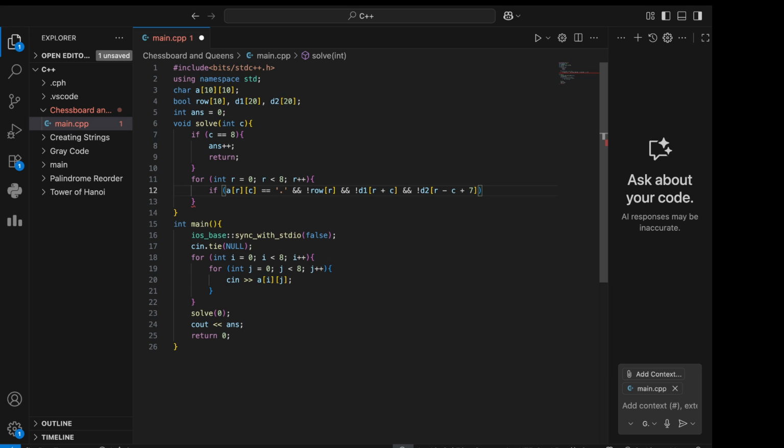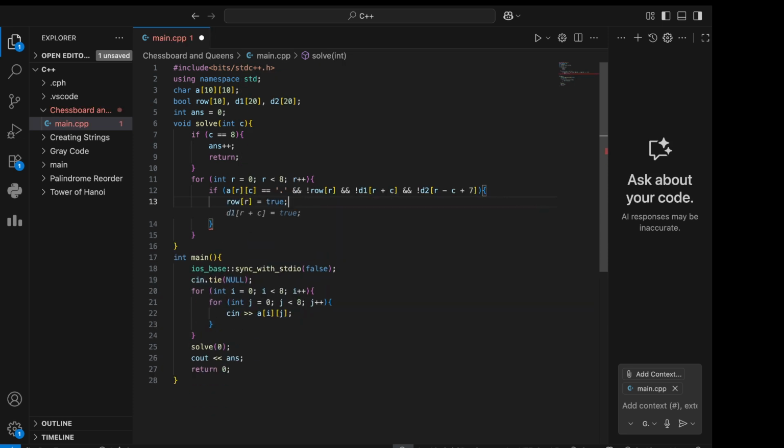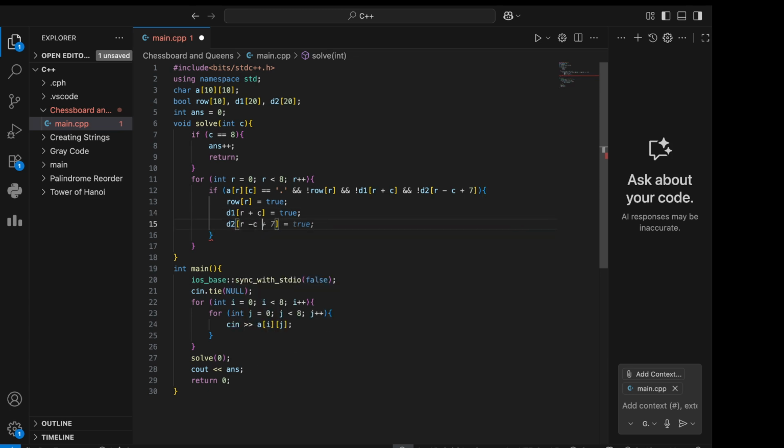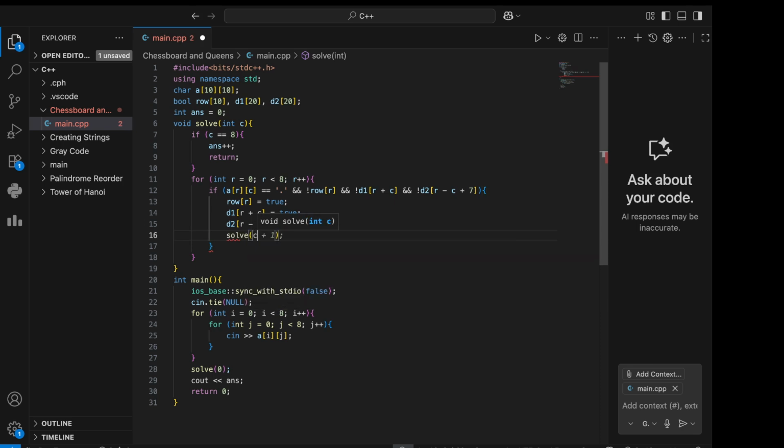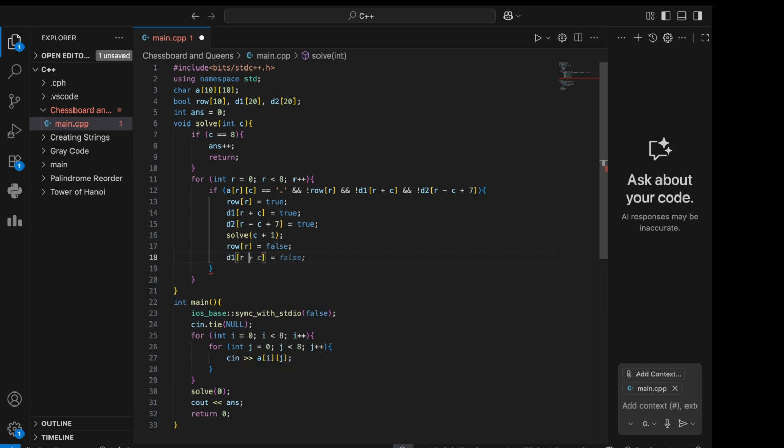So that will make all of the indexes positive numbers. So row true equals true, D1 R plus C equals true, D2 R minus C plus 7 equals true, and then we make a recursion on the next column, and after that we have to reset the row and the two diagonals, because a queen was placed there.